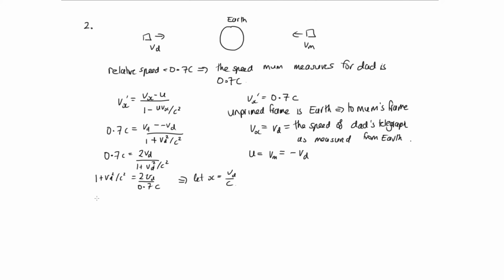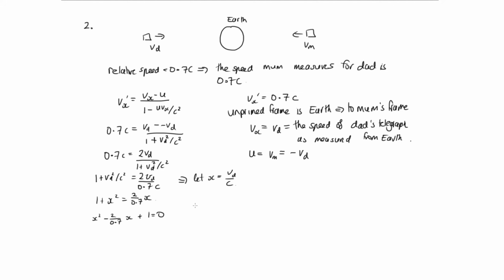So what we end up with is 1 plus x squared is equal to 2 over 0.7 x. So we can write x squared minus 2 over 0.7 x plus 1 is equal to 0. Okay, so this is now in the format of something that we can solve with the quadratic equation.